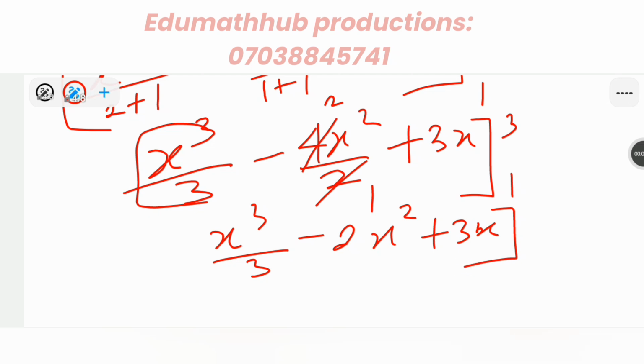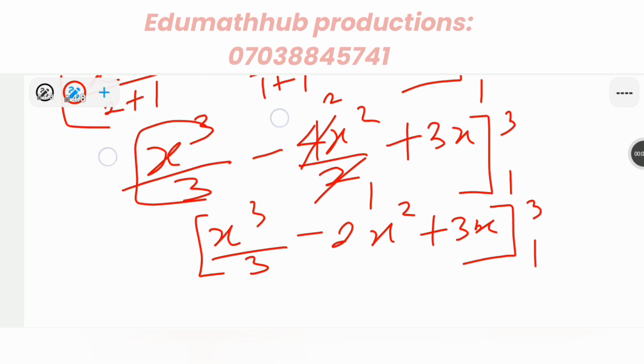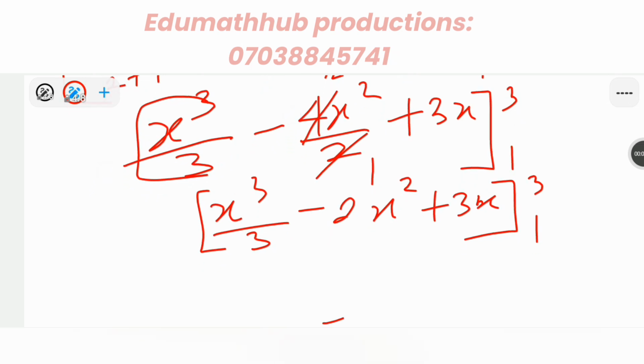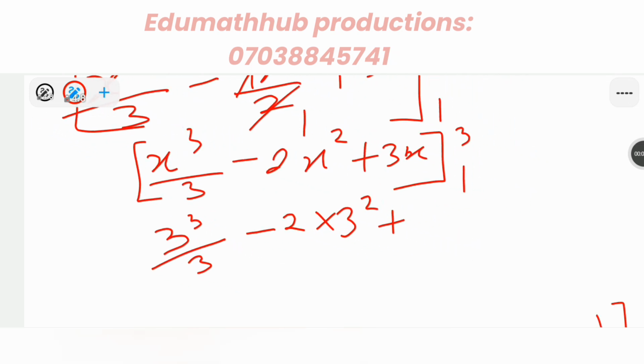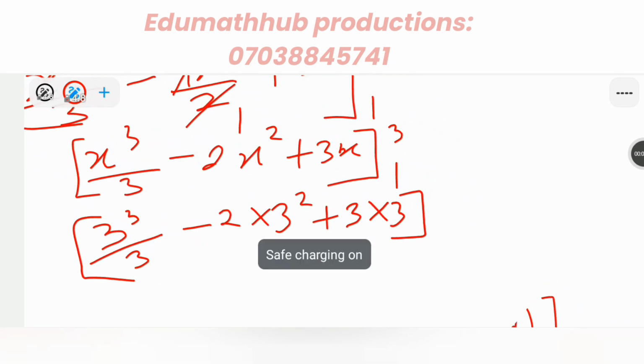So at this point, you can put your limits, which is 1 to 3. So let's put in 3 now, starting with 3. So 3 to the power 3 over 3 minus 2 times 3 to the power 2 plus, putting in 3 here, 3 times 3. Okay, then I'll put in 1.